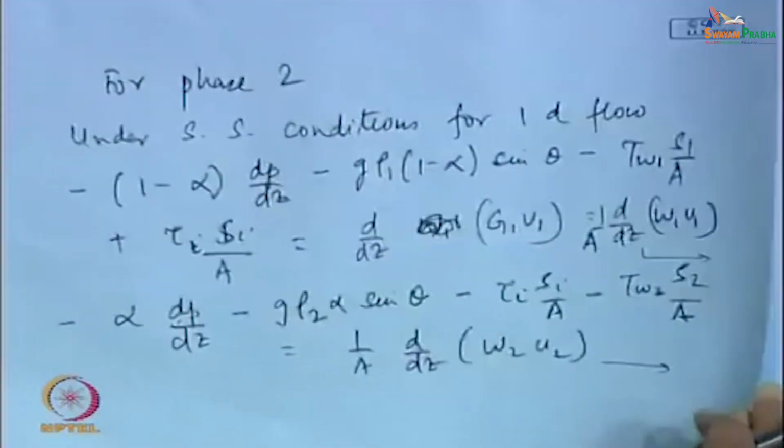Only thing is, the frictional term was just with the wall and nothing else. In this particular case, the frictional term will consist of phase 1 with wall, phase 2 with wall, and phase 1 with phase 2. So, just do this addition and then you see what you are going to get.